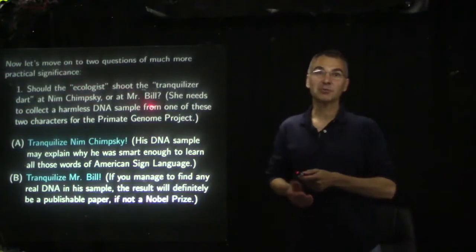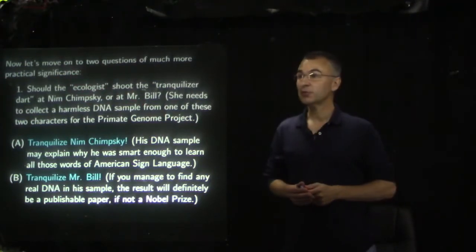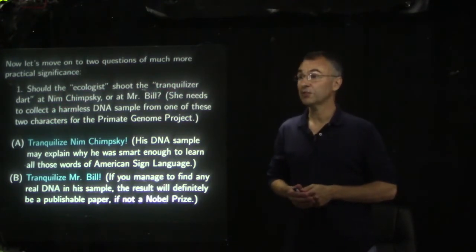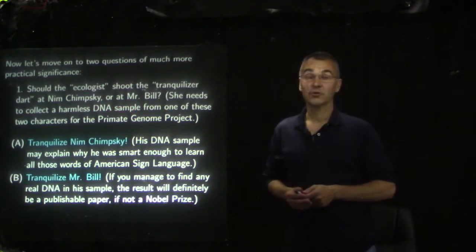Now I need to pause for a moment to ask you a question of tremendous practical importance. Should we leave the story intact so that the ecologist shoots the dart gun, which just contains a harmless tranquilizer, at the monkey, whom we might nickname Chimpsky? Or should the ecologist instead collect a harmless DNA sample from the old Saturday Night Live cartoon character Mr. Bill?